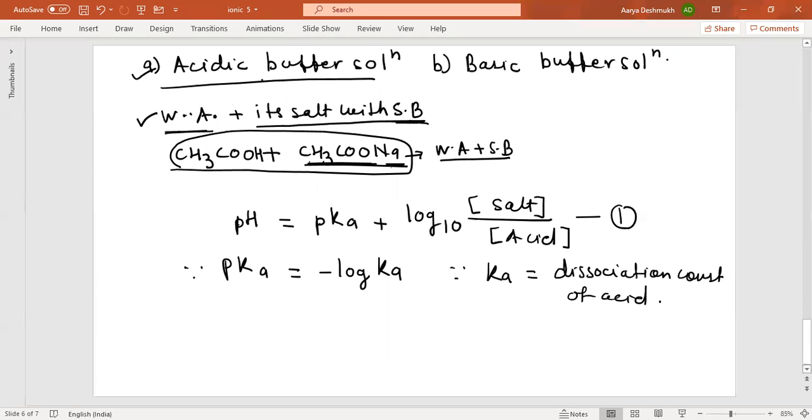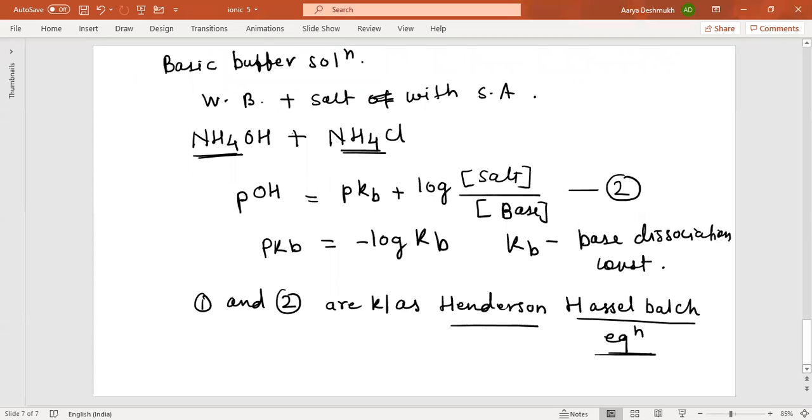Now the next is the basic buffer solution. The basic buffer solution is a solution containing a weak base and its salt with a strong acid. This combination is called the basic buffer solution.